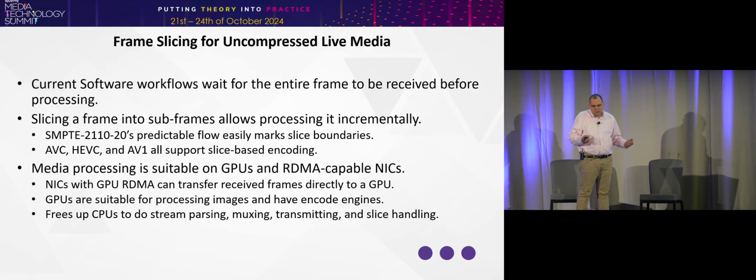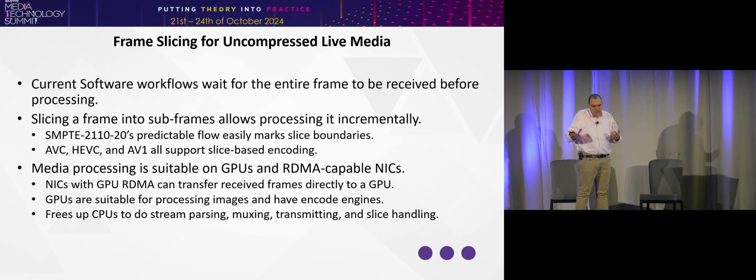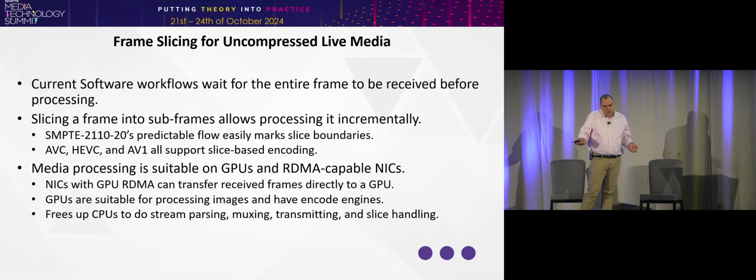So it doesn't have to go through the added latency of going through system memory, or through the operating system kernel. It can just make its way directly into GPU memory, and it's ready for a CUDA kernel or a shader or whatever for the GPU to start processing it.